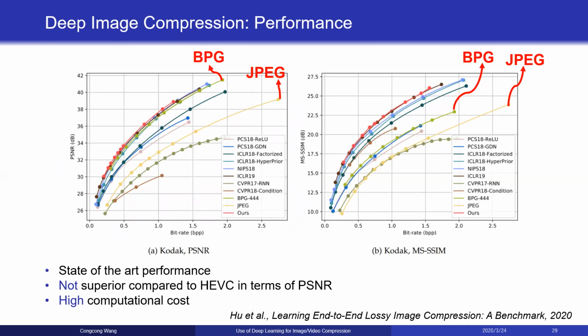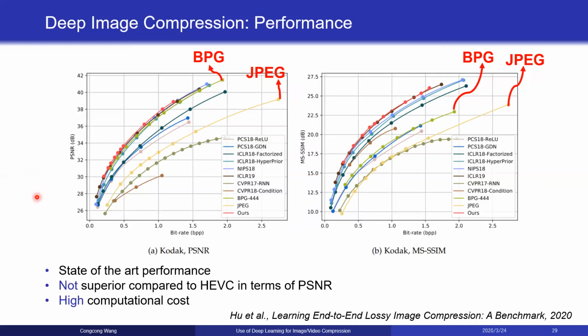Here is the result analysis from a paper published on arXiv this year. I marked the JPEG and BPG with red. For the PSNR metric, the performance of deep models is comparable or slightly better compared to BPG, which is this line here.